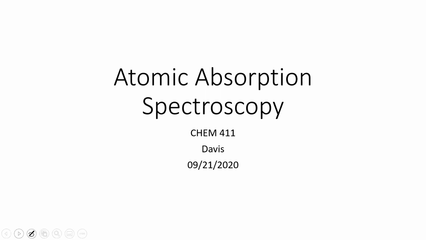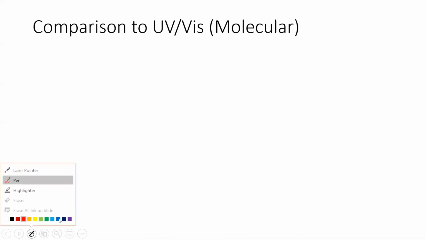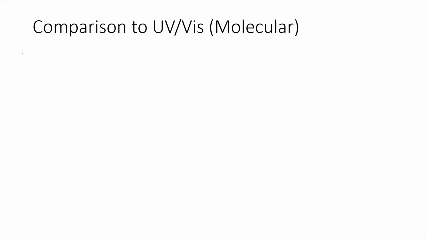So AA. First things first, we've got to compare it to what we know, right? We're going to make some connections here to UV-Vis. We're going to try to find some similarities and then broaden out into some differences.